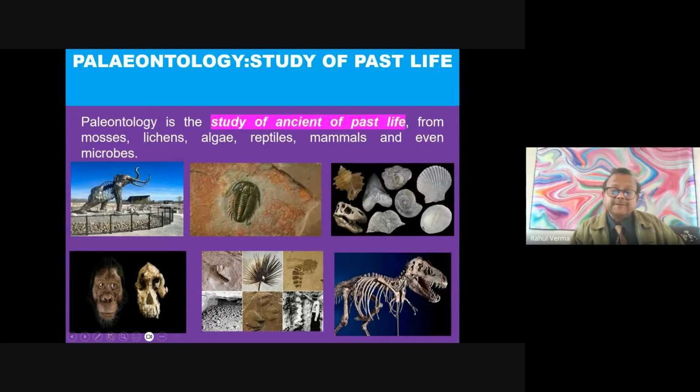So actually, this paleontology helps you to know in which environment a particular rock was found, and wherever these fossils are found, you can date them and you can get their ages. So it is said that the rocks are the books and fossils are the pages.